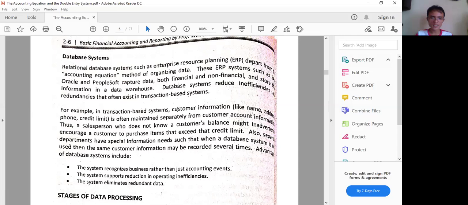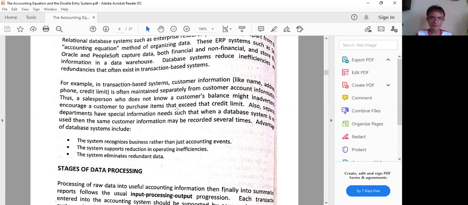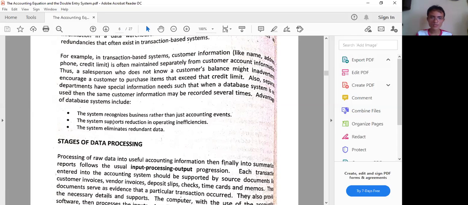So that's database systems. Advantages would be the system recognizes business rather than just accounting events. So again, we also consider other events, could be non-financial, could be financial, could be non-accounting also included. The system supports reduction in operating inefficiencies, and we eliminate redundant data assets.